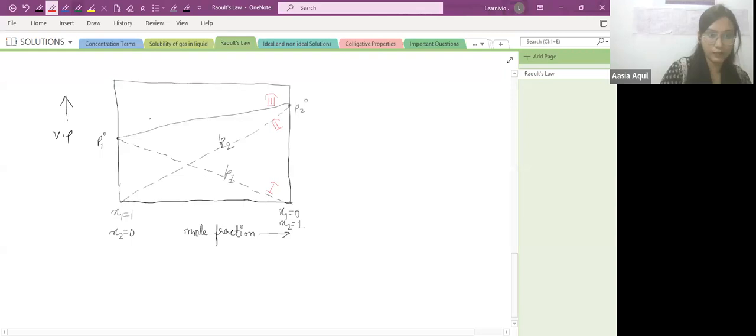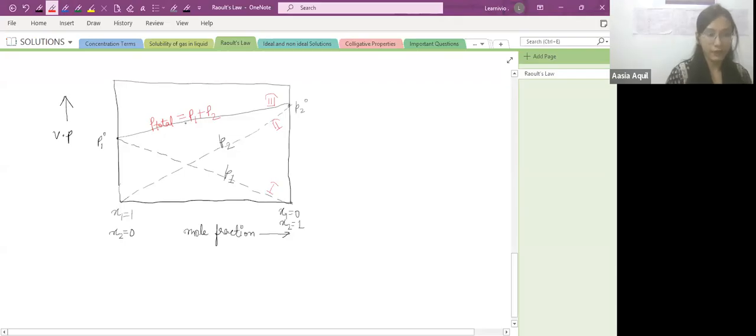This third line is linear and shows P total, P1 plus P2. Got it? Till here, any confusion?